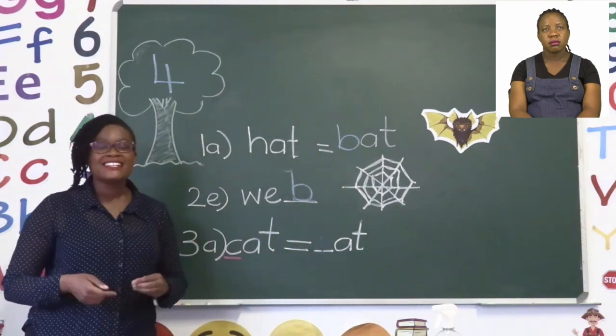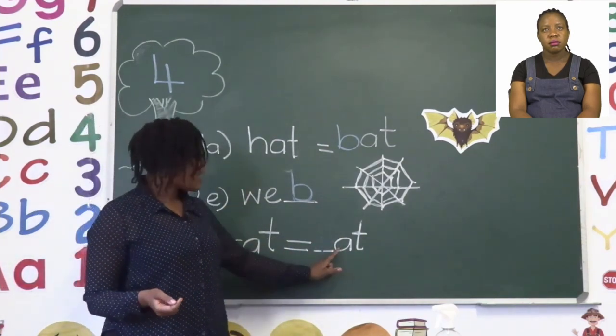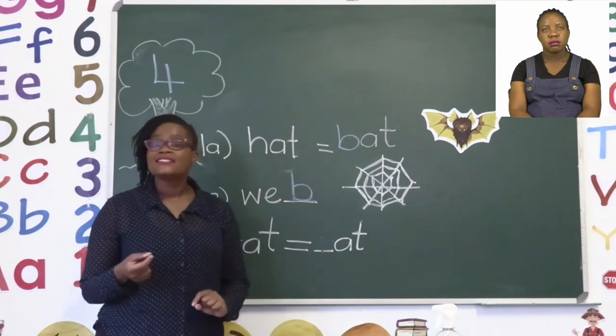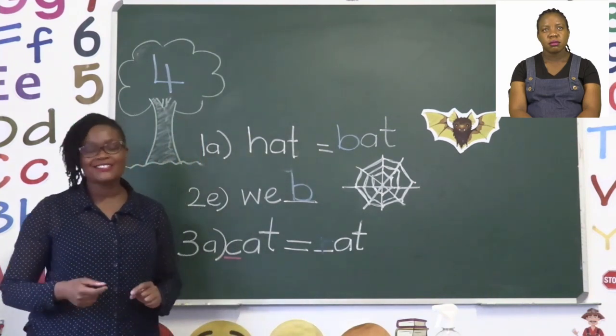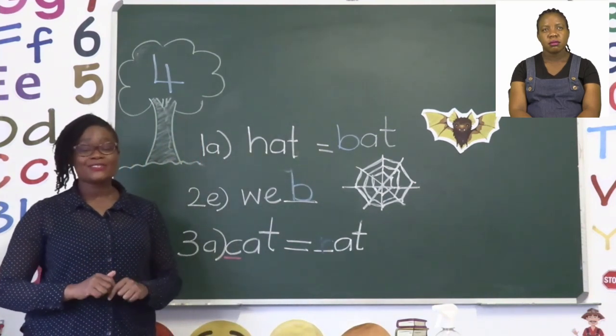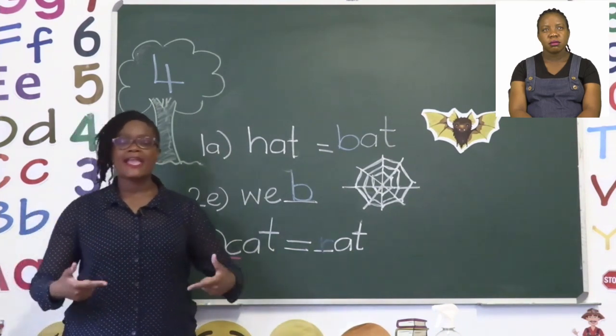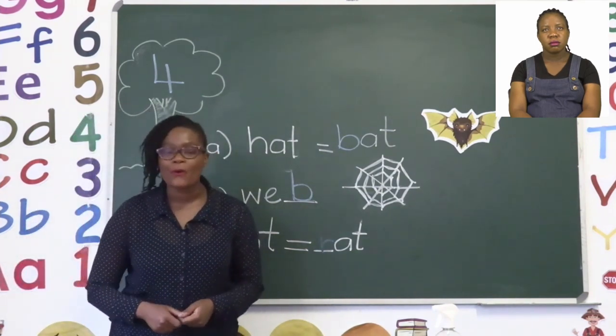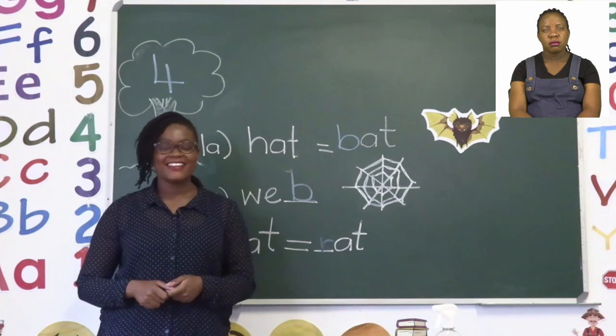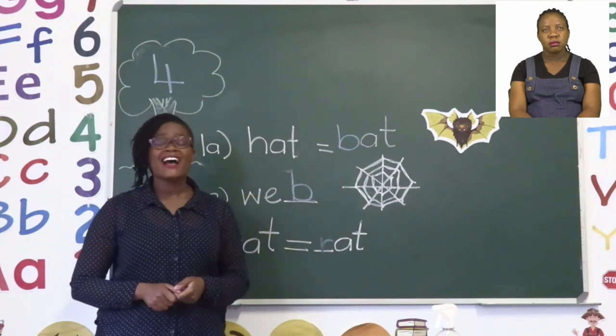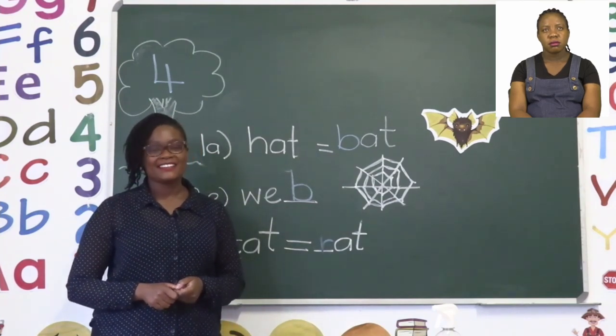Or the word sat. At. At. So take your time with your phonics, boys and girls. Say it out loud because it is all about reading. Have fun, and I'll see you when you're done after the advert break.